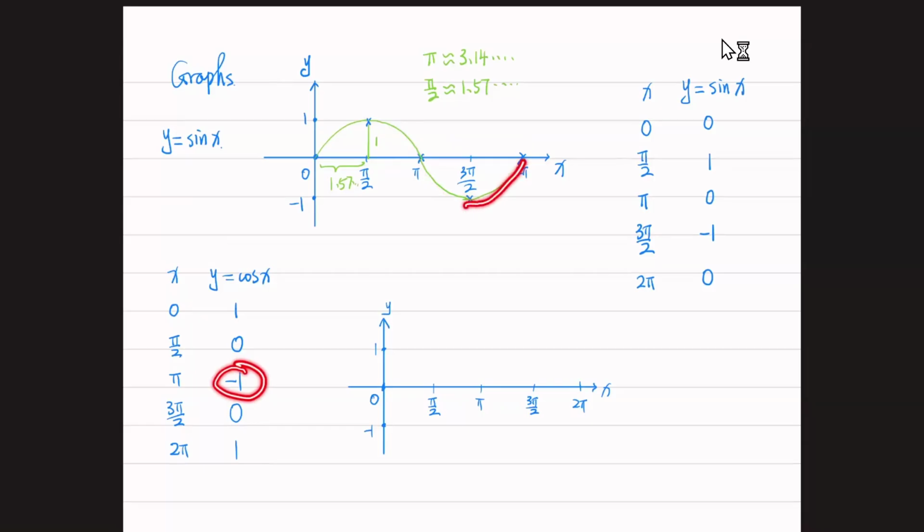Okay, let's mark the points. At x equals 0, y equals 1. At x equals pi over 2, this is 0. At x equals pi, it is negative 1. Then 3 pi over 2.